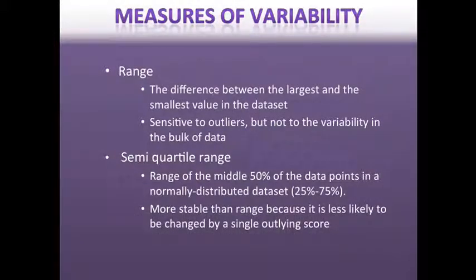All right. So if you're going to try and measure how much variation there is in a set of data, there's a few different ways you can do it. One is range, and that would just be where you present to people the lowest and the highest number in a data set, right?